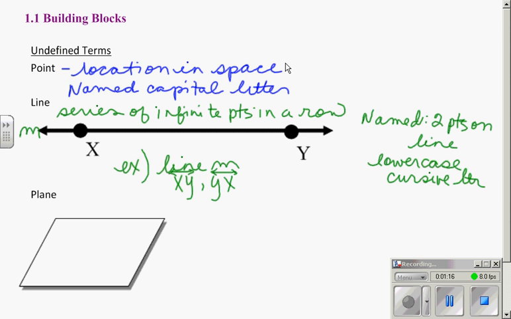The order doesn't matter. A plane is a flat surface extending infinitely in all directions.